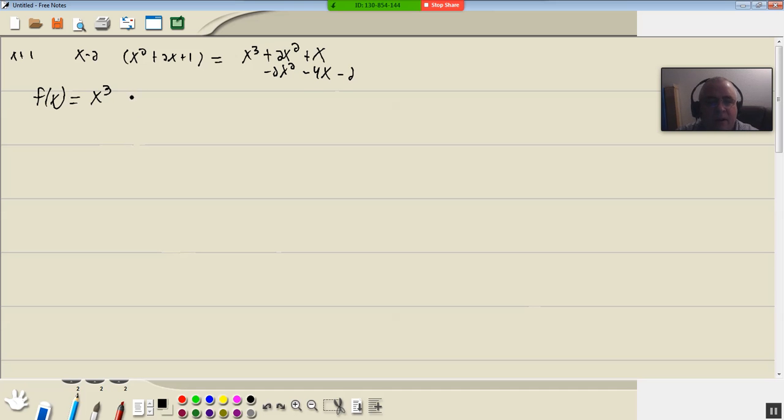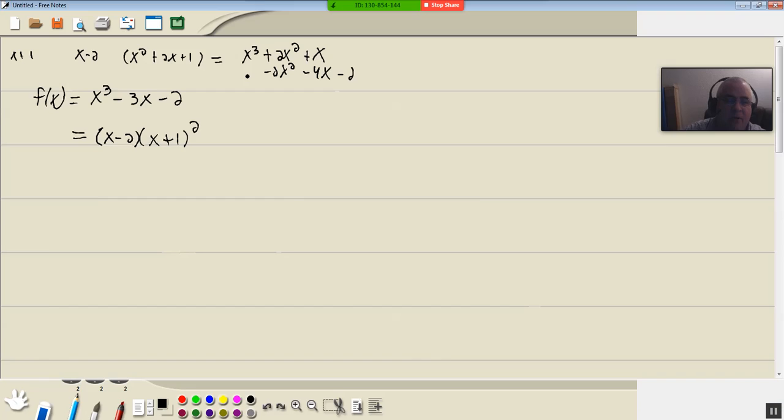Now if I were to factor this, you probably couldn't factor because we haven't really talked about that yet, but it would factor as x minus 2 times x plus 1 squared. So these two are equivalent, assuming I multiplied this correctly here.